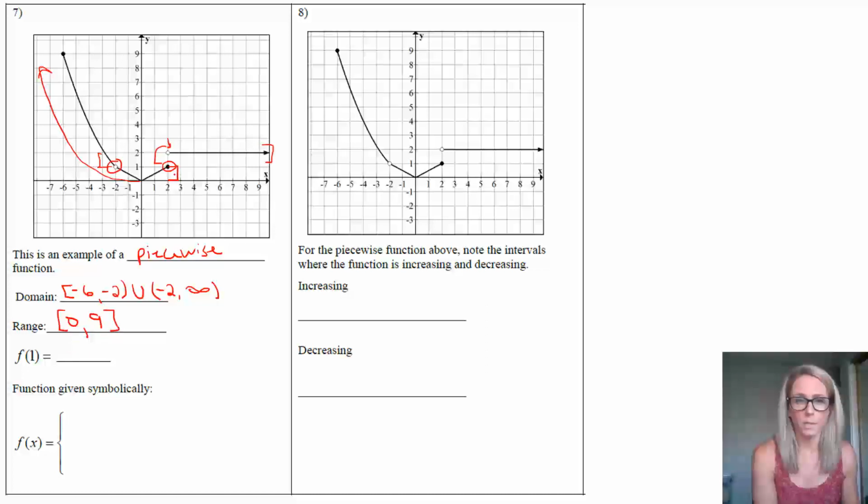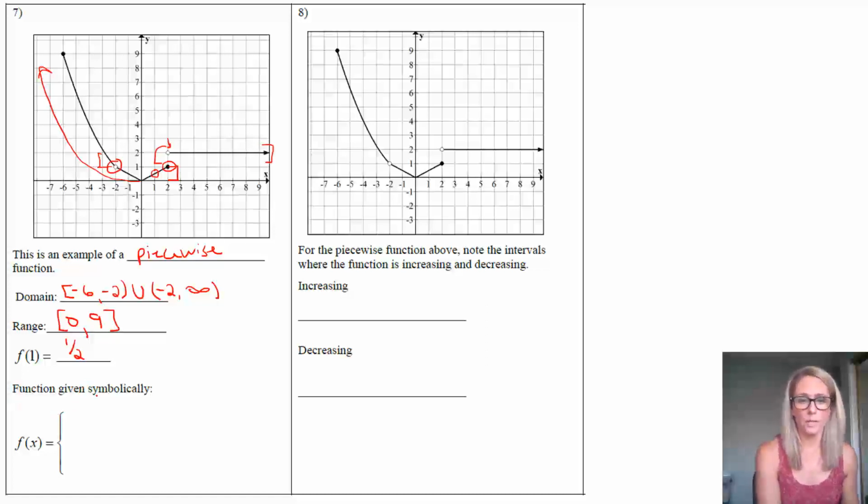Now f of 1 is just whatever value we have at 1, which is this little value right here. And if you recognize, that's a line with slope 1/2 because you go over 2 and up 1 to get there. So rise over run is 1/2. So we have at f of 1 is 1/2 for that.